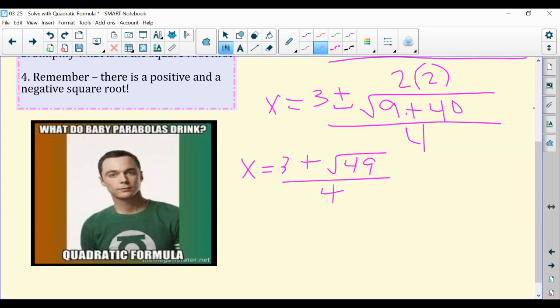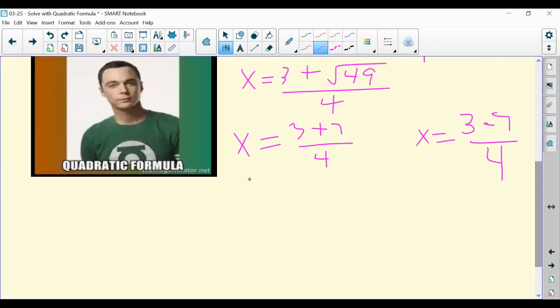Now I'm going to separate it. So I get x equals 3 plus the square root of 49, which is 7, over 4, and x equals 3 minus 7 over 4.